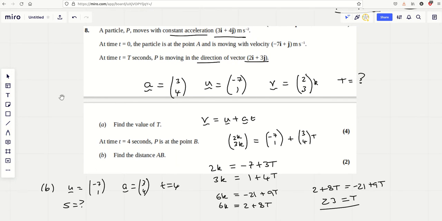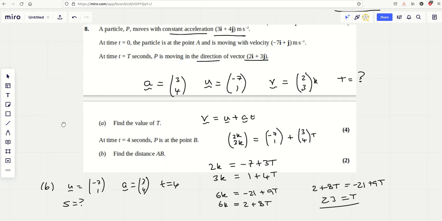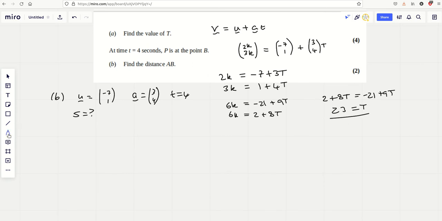Because you want to be careful with that. The particle is at point A. Well, that's fine, because we can treat A as the origin, because we're finding the distance from A to B. So let's find where B is, and then let's find the distance. So all I'm going to do is S equals ut plus a half at squared.